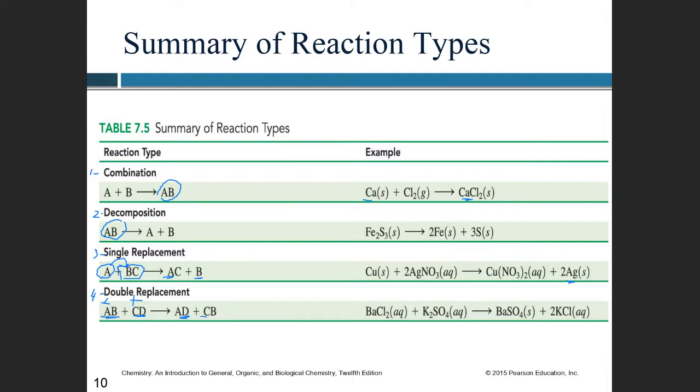For example, barium chloride, when it reacts with the potassium sulfate, this is the positive ion, and this is the positive ion. So both of them will switch between each other. So the product will be barium sulfate, potassium chloride.